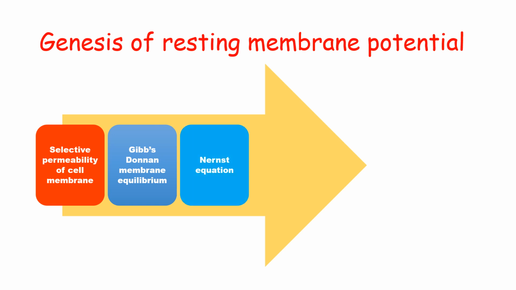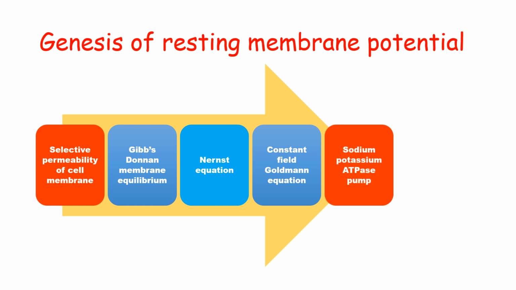Then we have diffusion potential, given by the Nernst equation. Then the constant field Goldman equation, which influences the resting membrane potential. And in the end, we have the important role of the sodium-potassium ATPase pump, which helps to maintain the membrane potential.